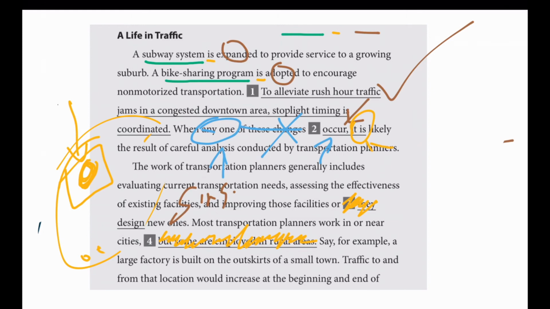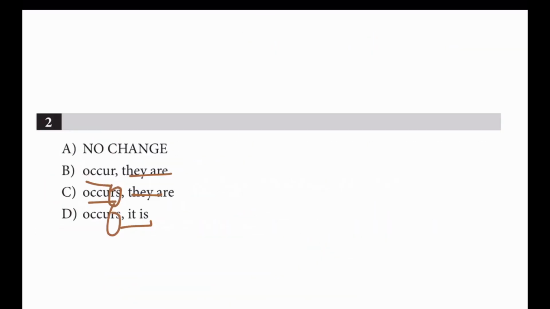You can already have it is, because it is singular. So we come here to question number 2, and voila, we know A is wrong because it had occur. B is wrong, it had occur. C, this one is right, but we discussed it can't have they are because, again, the subject is singular, so this is wrong, leaving us with D, which is the right answer.